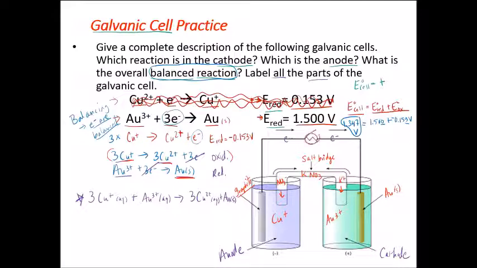And this is where you would attach a voltmeter if you were going to, in order to measure the flow of the electrons, which should be at 1.347 volts. So here is our E cell, here is our balanced overall reaction, and we have our nice labeled galvanic cell.